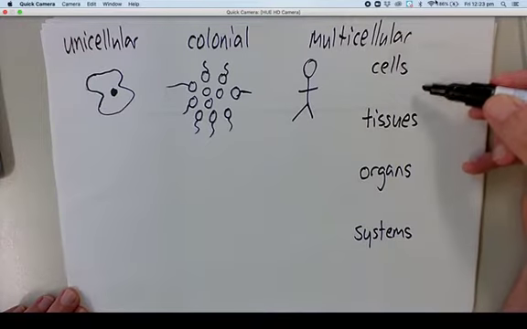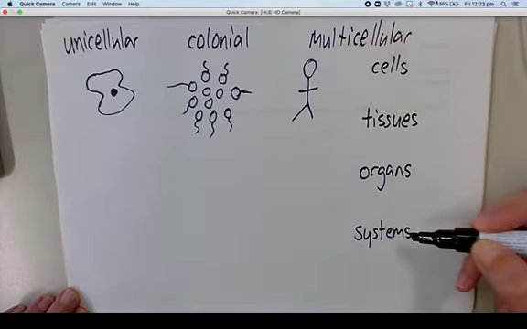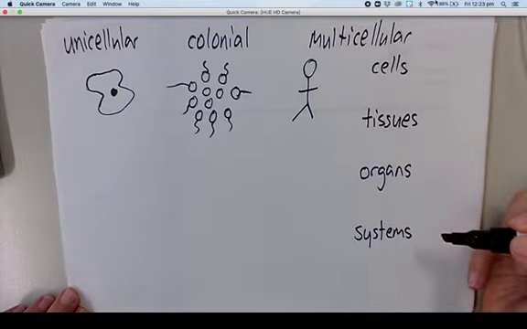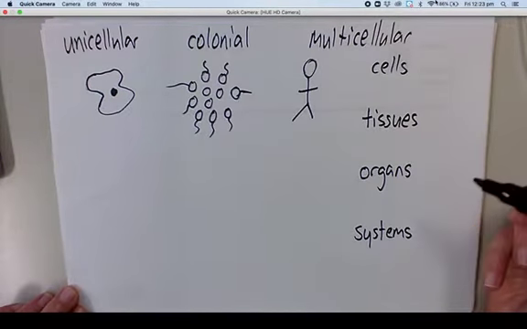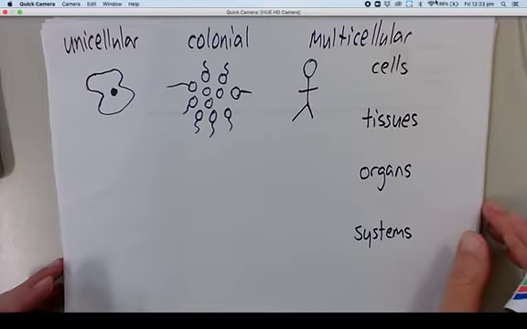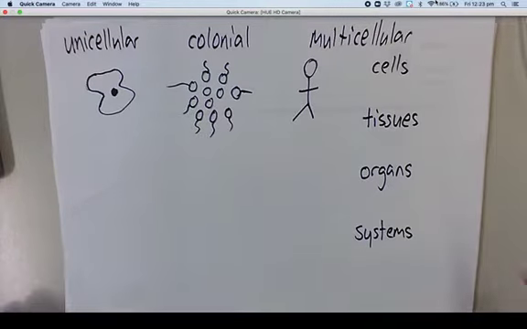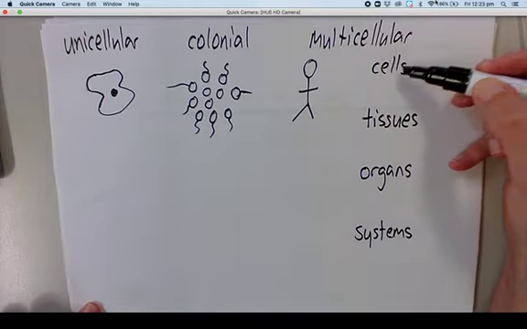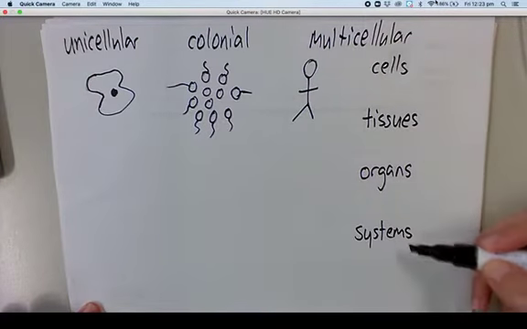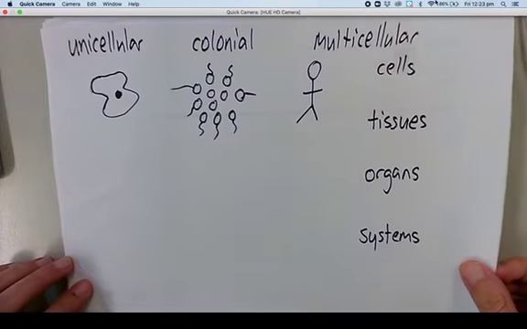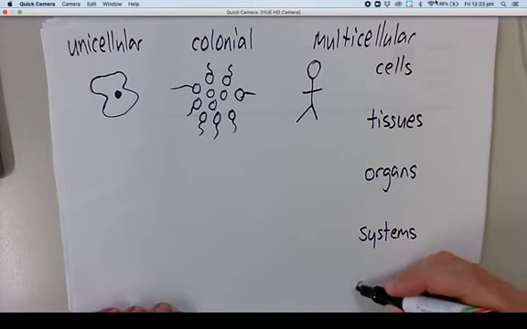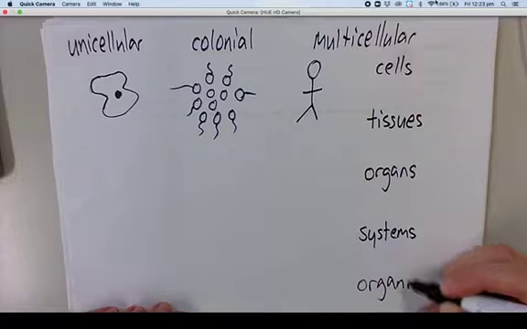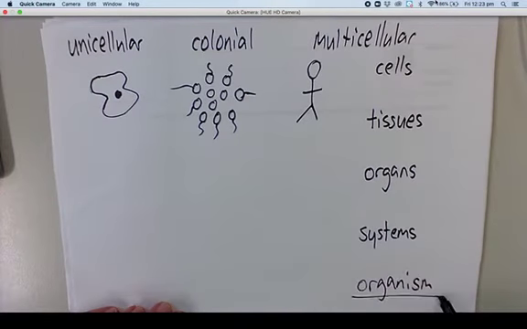So our bodies are functioning through all these different levels, but particularly up here for multicellular organisms. Okay, so that leads to the question then of, well, how do we build all these things? How do we get from the cell that we started at up to a whole organism, which is really the final level of organisation that we've got here?